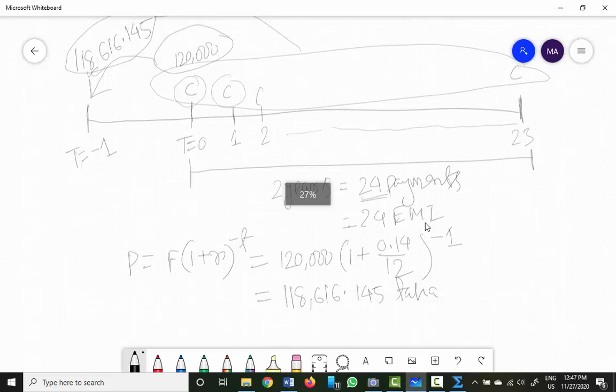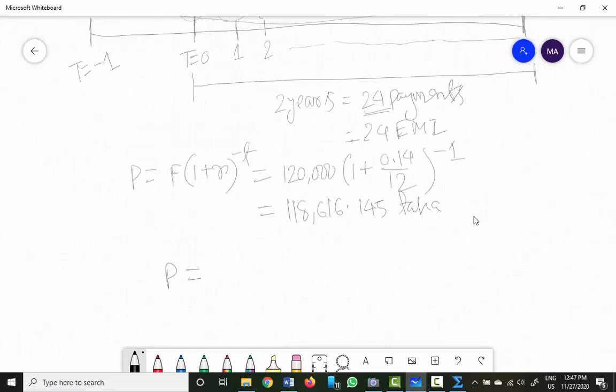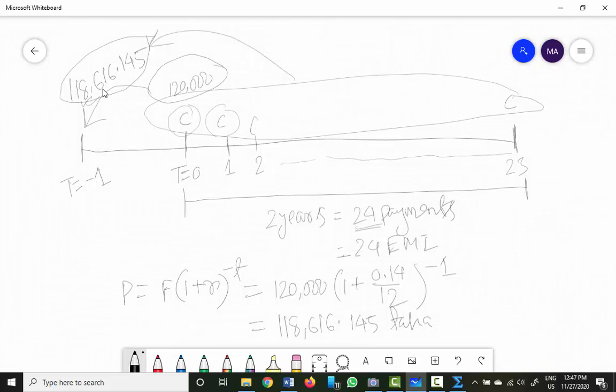So now we can easily calculate it. The present value of annuity is given. This is now an ordinary annuity. This is the present value of the loan, and we need to pay it off by making 24 installments.